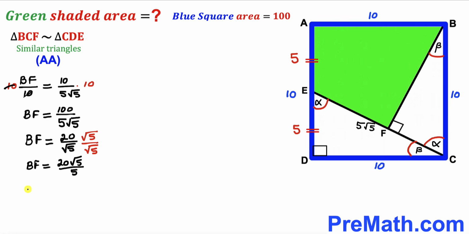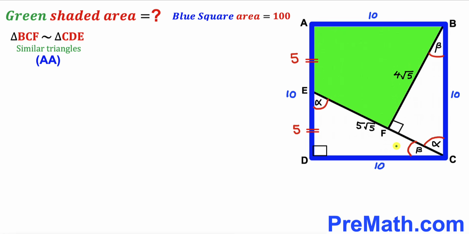And when we reduce that, that is going to give us BF segment length as 4 times square root of 5. So therefore this BF segment length turns out to be 4 times square root of 5.